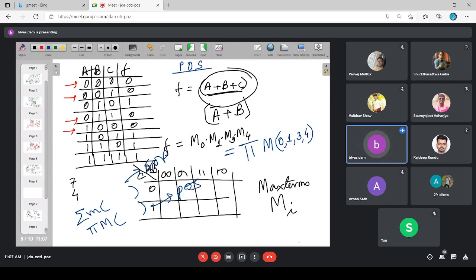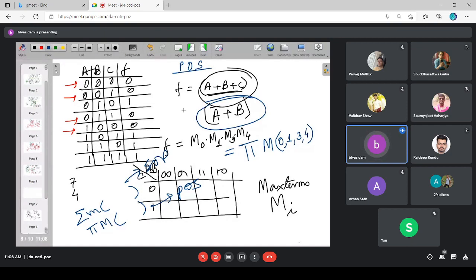Is it clear? Definition-wise, what is the min term and what is the max term? Why am I saying that this is a max term? Because the maximum number of cells in the Karnaugh map will get occupied due to this sum term. But this will not be one max term, because I have 2 cells in the Karnaugh map which are getting occupied by 0, so 6 cells will get occupied by 1.